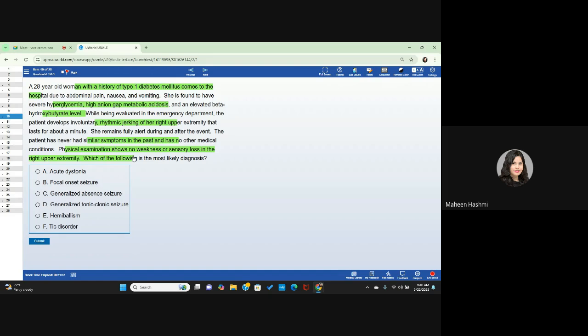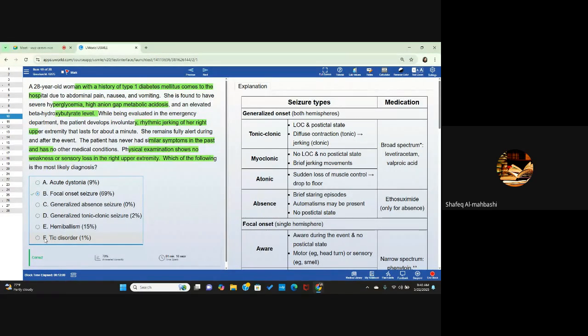Okay. So we all agree with the answer D or B. D. B. It's focal. B, focal onset seizure. Yes, focal. Again, very high yield for you to remember the difference in seizure types.